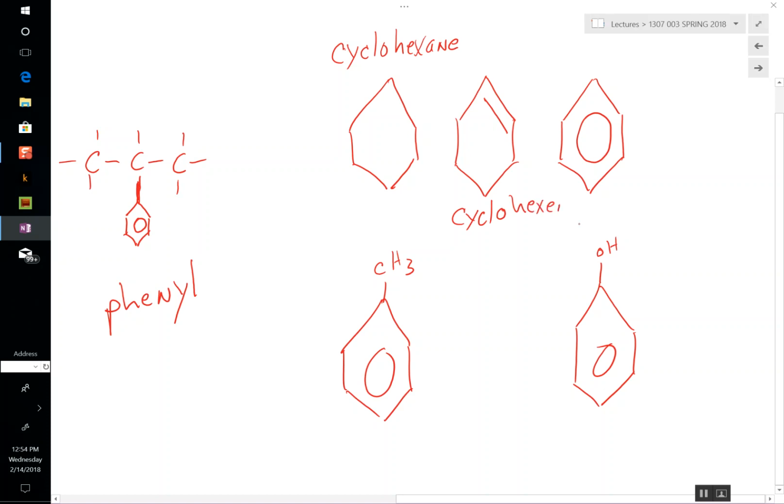The next one is called? What's this next one called? Benzene. And we just learned this is called phenol. And what is this one called?